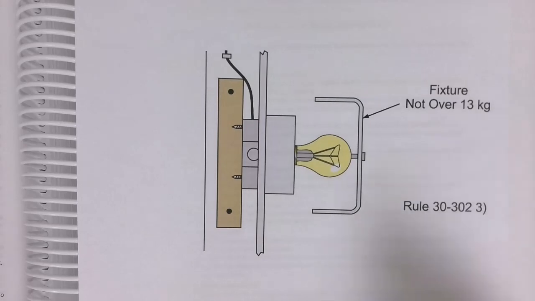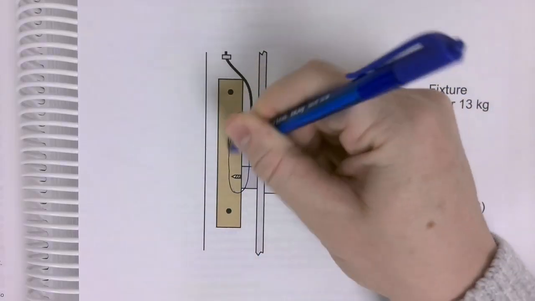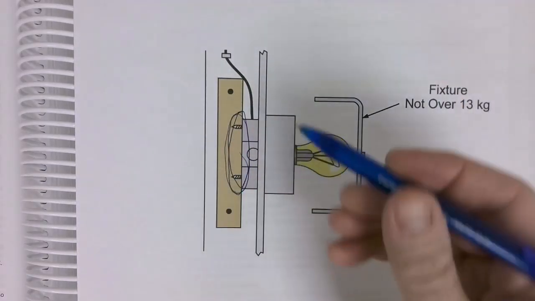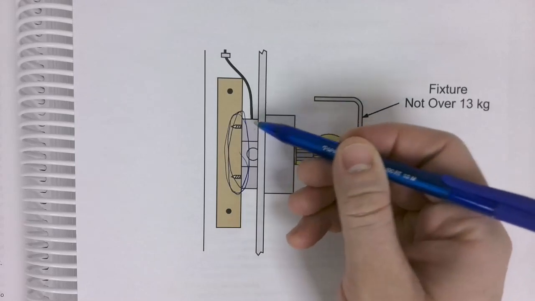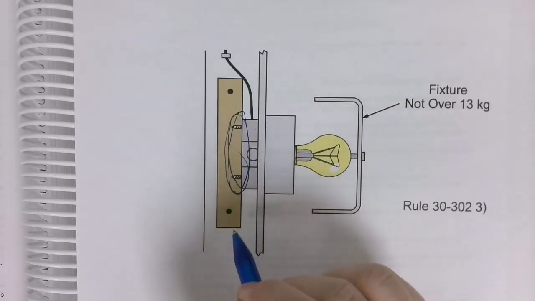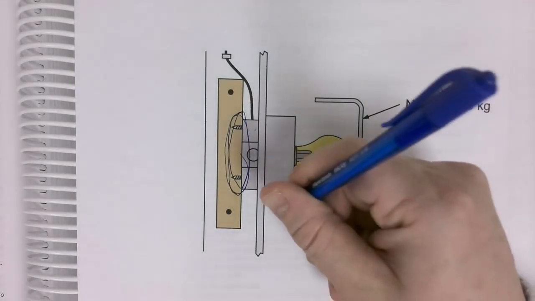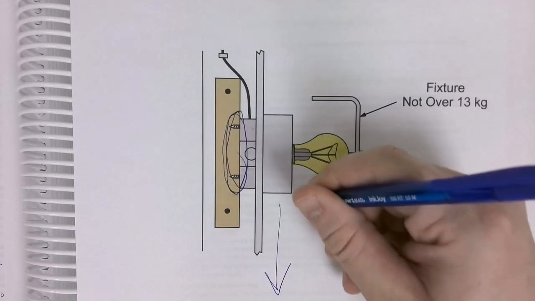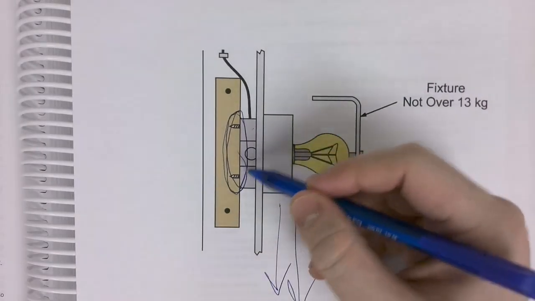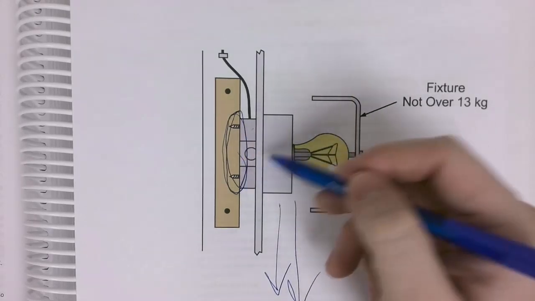But if we think about this box right here attached to the structure, this octagon box is screwed to maybe a stud or something that is structurally attached to the building. The force of gravity is going to be pulling down. So it's not going to be evenly pulling on all of the supports of this box.